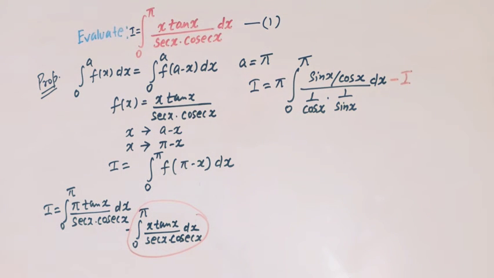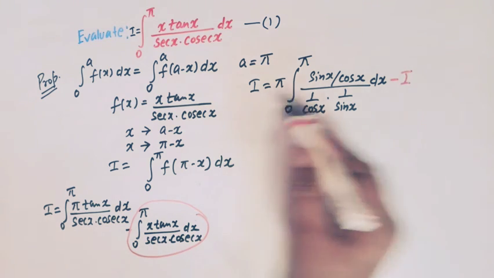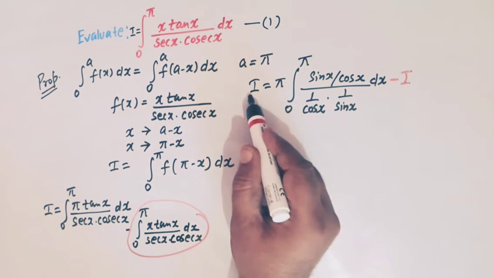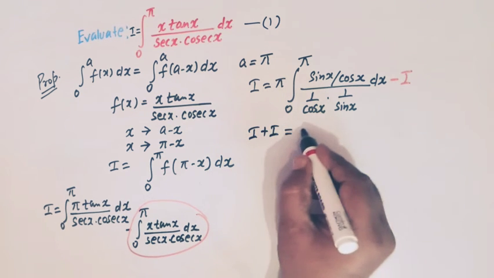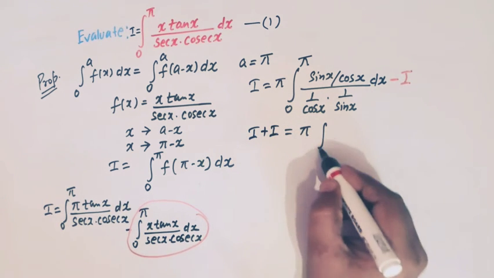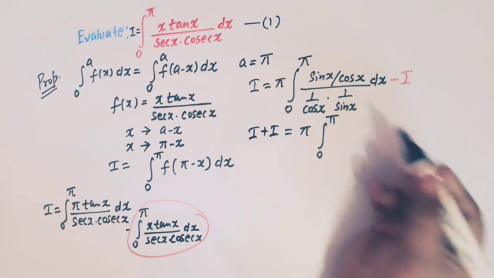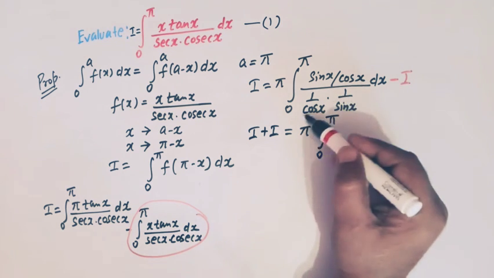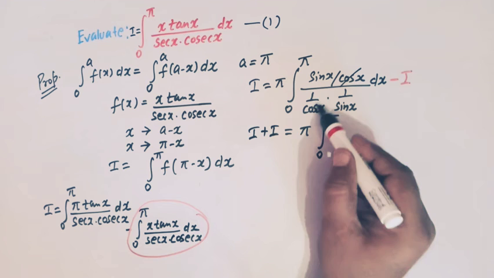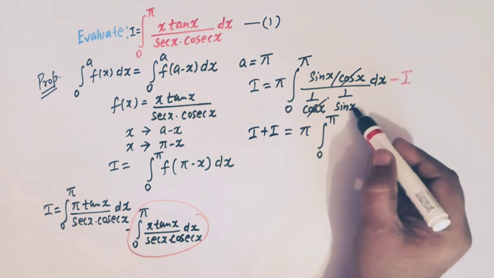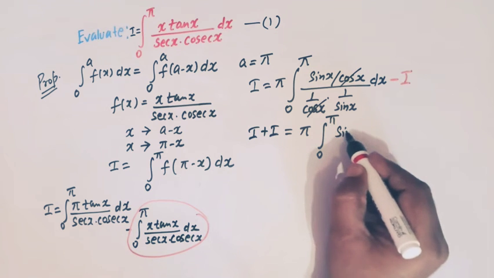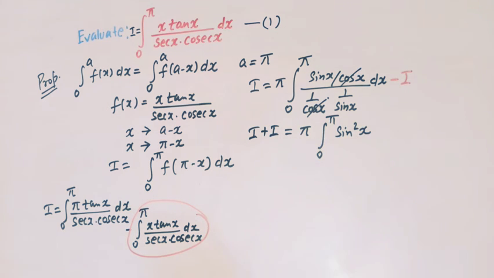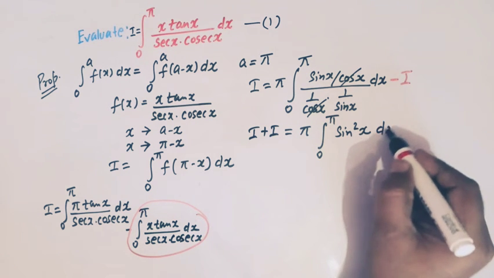Now taking this negative I to the left side, we have I plus I is equal to pi times the integral from 0 to pi, and here we see that cos x and cos x get cancelled, and this sin x goes to the numerator, and we have sin square x dx.